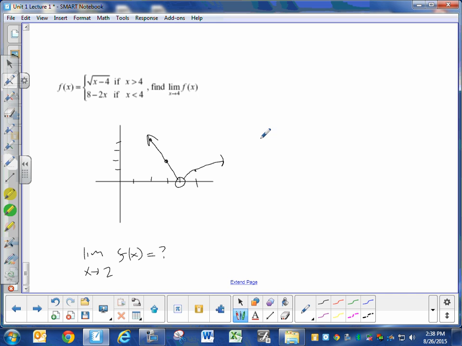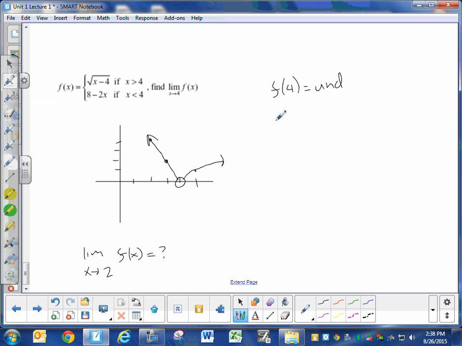So what I notice is that even though f of 4 does not exist, or is undefined, is what I mean to say, because we do not have any inputs defining the function at 4, we don't have an equal sign underneath one of these.